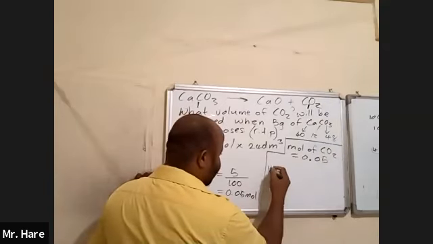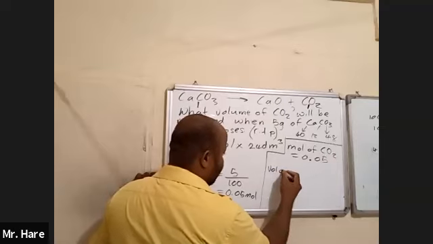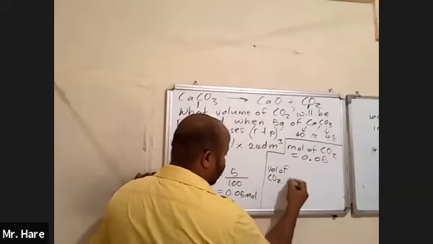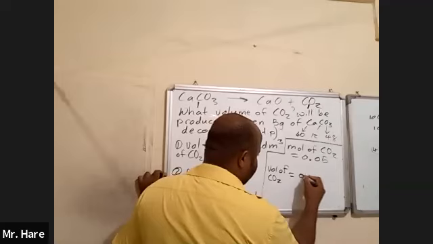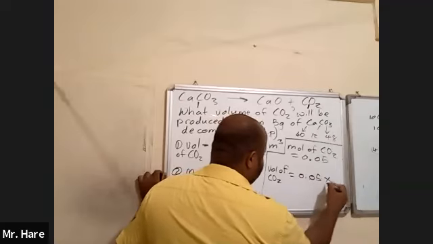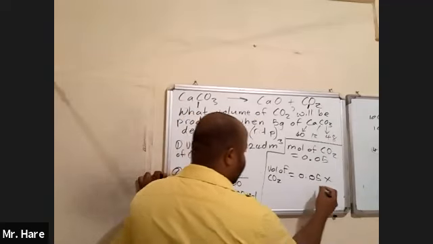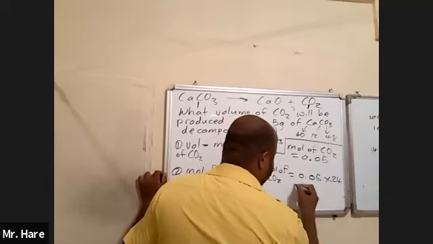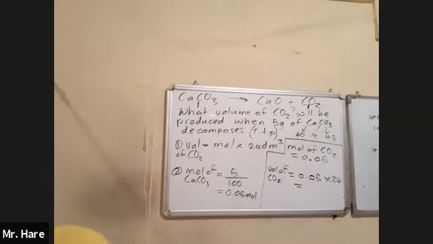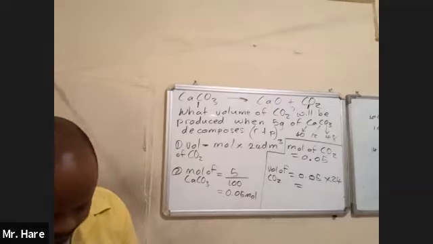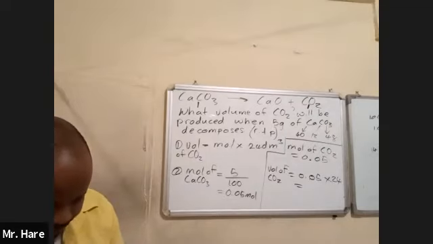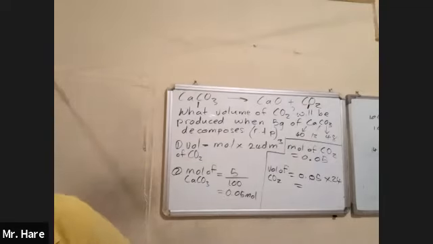The volume of CO2 is 0.05 times 24, and we would get 1.2.